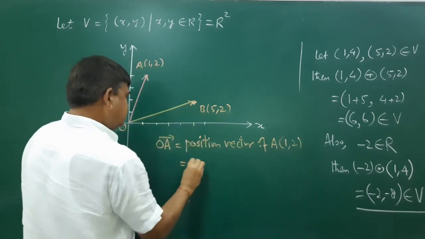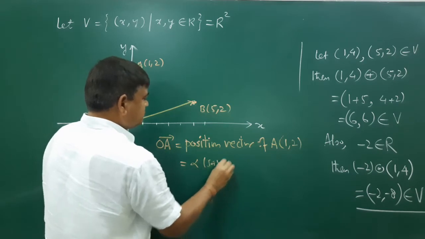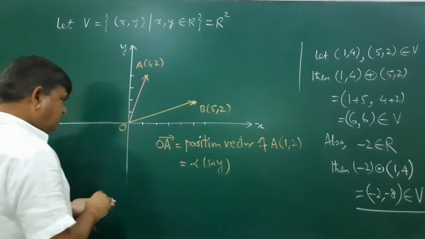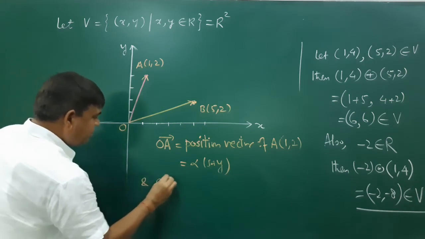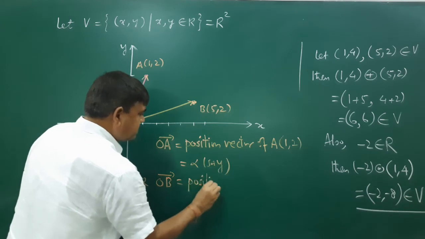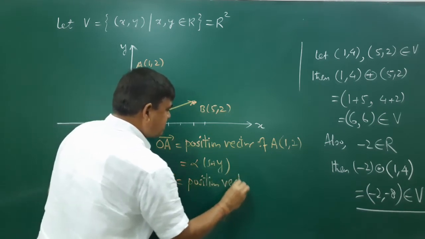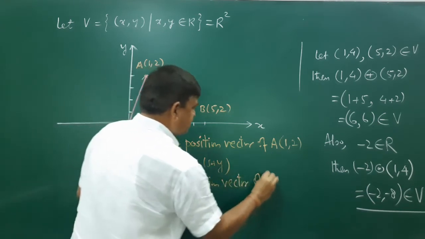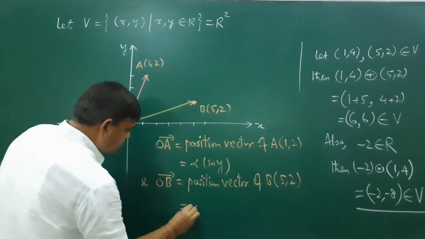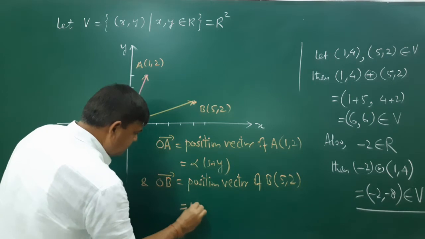Suppose this is alpha, say. And OB, you know from vector algebra, is the position vector of point B, that is (5, 2), and this is beta, for example.